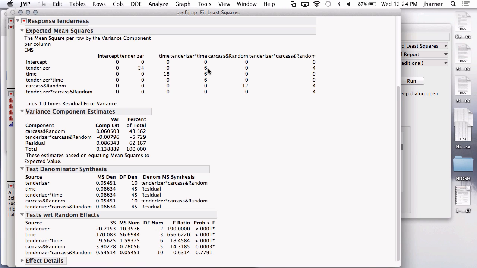Am I missing something? Let's look at carcass a minute. Yeah, see, carcass says this, carcass which is random, and then these line up. So clearly the tenderizer by carcass is correct for testing the carcass. But the tenderizer put in this extra 6, and that's because it uses this alternative model, which we didn't put in ours.